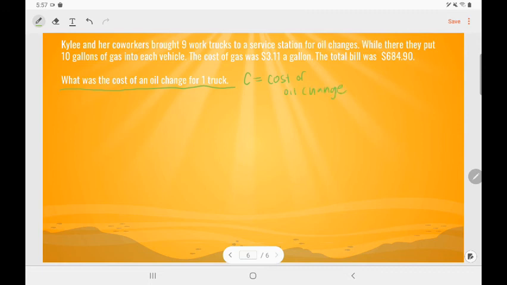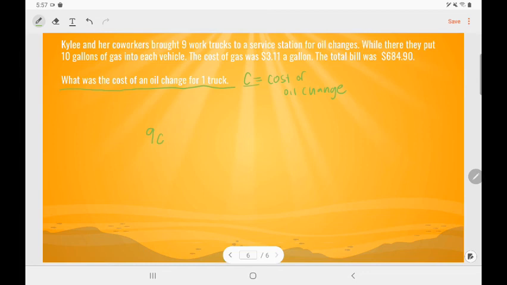All right, so let's go ahead and write our equation. Now, as I read through it, there may not be an obvious amount that I only have to pay once. So I'm just going to focus on a couple of things that I have to pay. I have to pay for 9 oil changes. So 9 of these C's. So I'm going to write 9C.